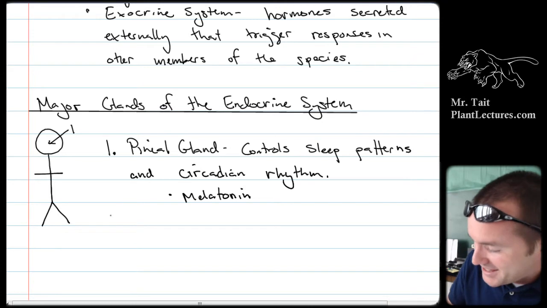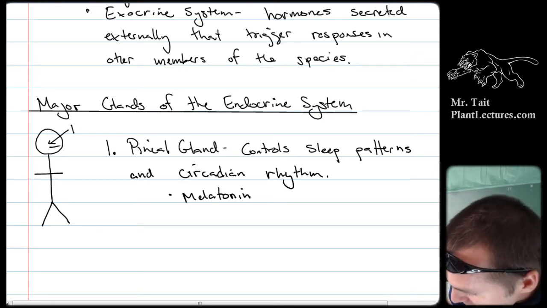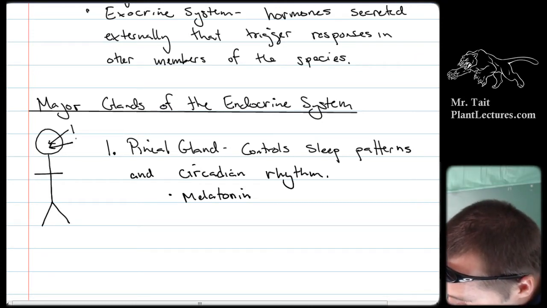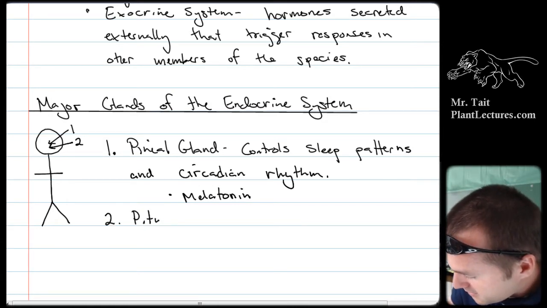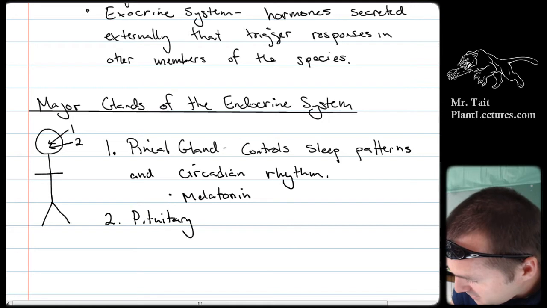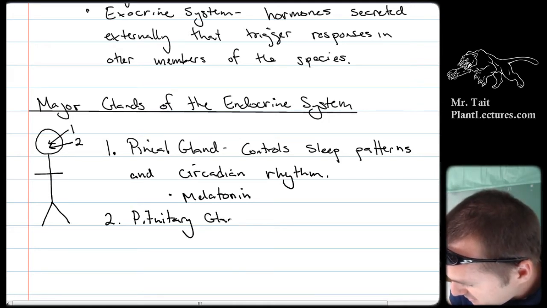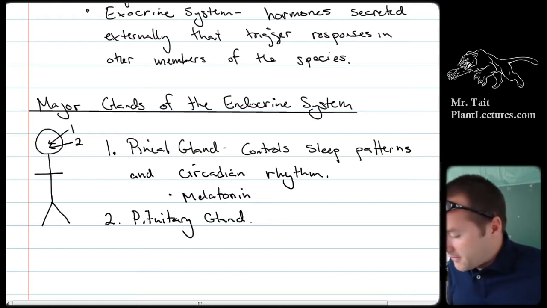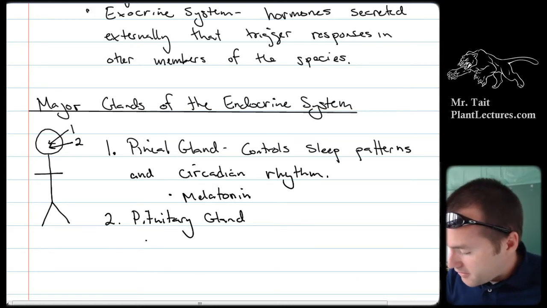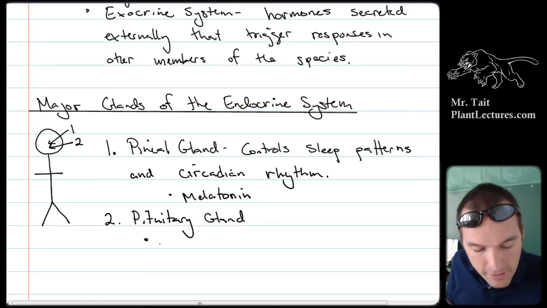So next, very close to this, about right here in the brain, that's called the pituitary gland. Okay, pituitary gland is divided into two different glands. There's what's called the anterior pituitary gland and the posterior pituitary gland.